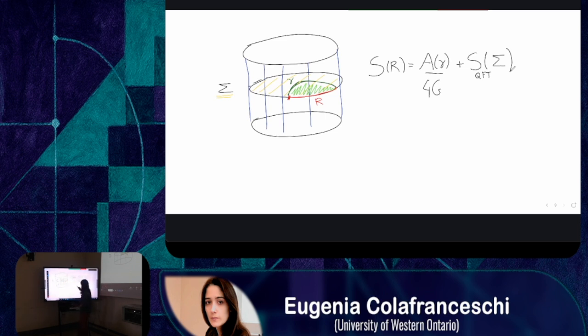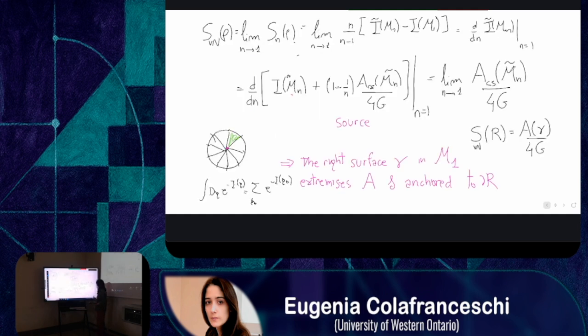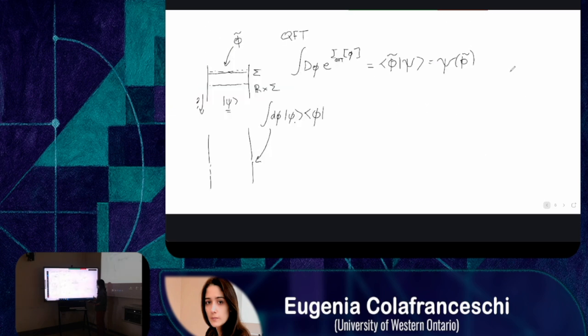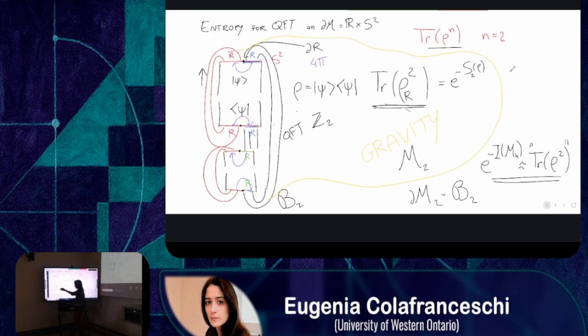And what we found is that thanks to this replica trick, when we do the replicas, we glue things together to perform the computation, we found this conical singularity on the splitting surface between R and the complement.